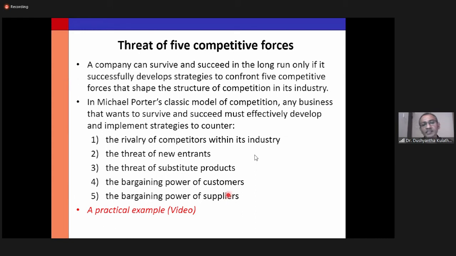As I remember, I think they didn't mention something like that, because companies like Nike and Adidas purchase in very large quantities. So usually the suppliers are not going to bargain, because the suppliers benefit by selling in large quantities to those companies. In such situations, the bargaining power of suppliers is also less. So according to the video, the bargaining power of suppliers is less in that particular industry.